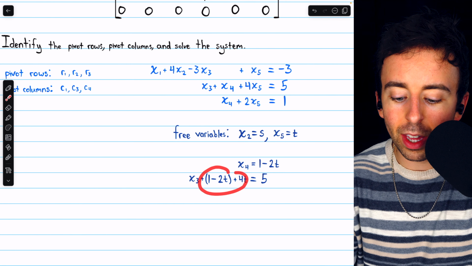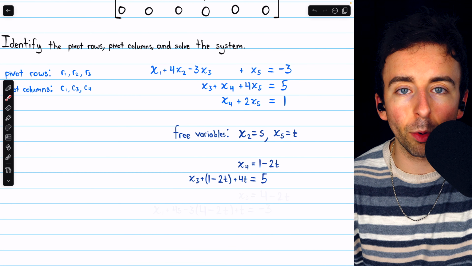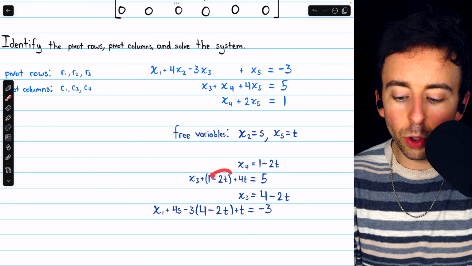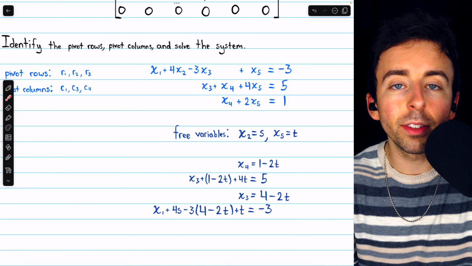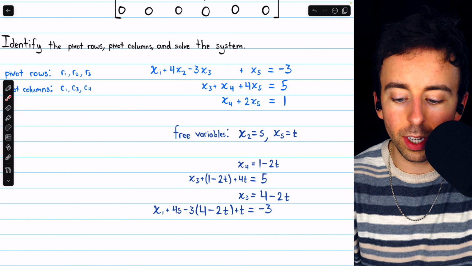Then we'll move everything except x3 over to the right side and thus solve for x3. 5 minus 1 is 4, and negative 2t plus 4t is positive 2t. Subtract that to the other side, and we have minus 2t.